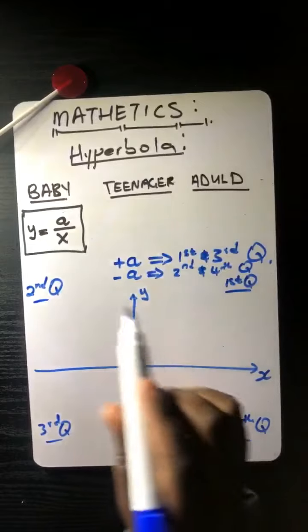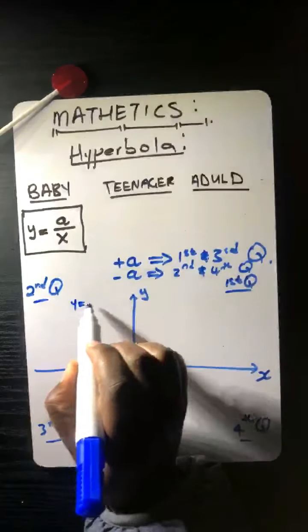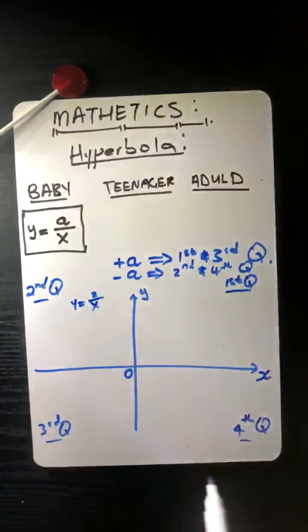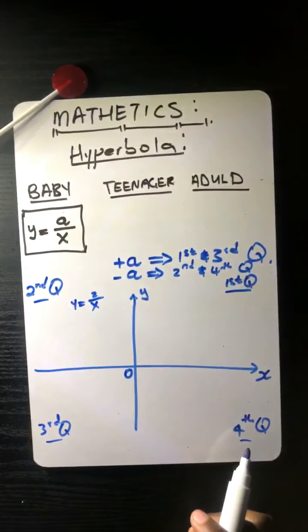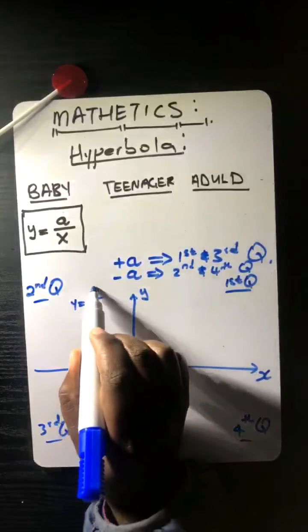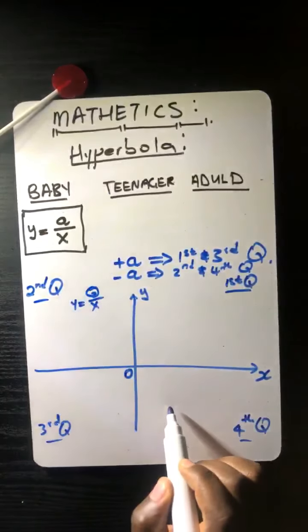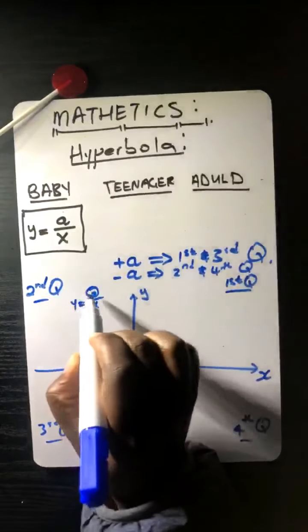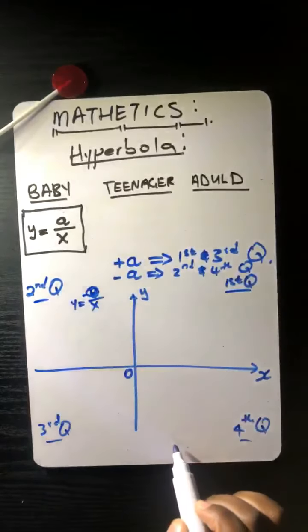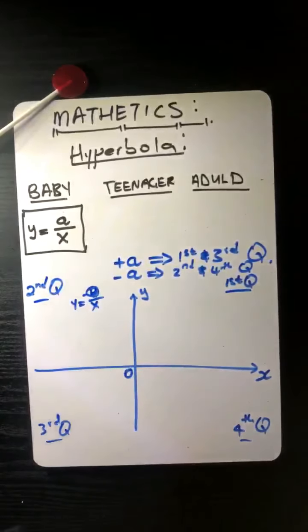The moment, for example, you have, let's say y is equals to positive 2 over x, just make sure that regardless of how you draw your function, because the A value is positive, you are going to have your hyperbola in the first and the third quadrant. So let's say if it was negative 4 over there, it means you're going to have it in the second and the fourth quadrant.